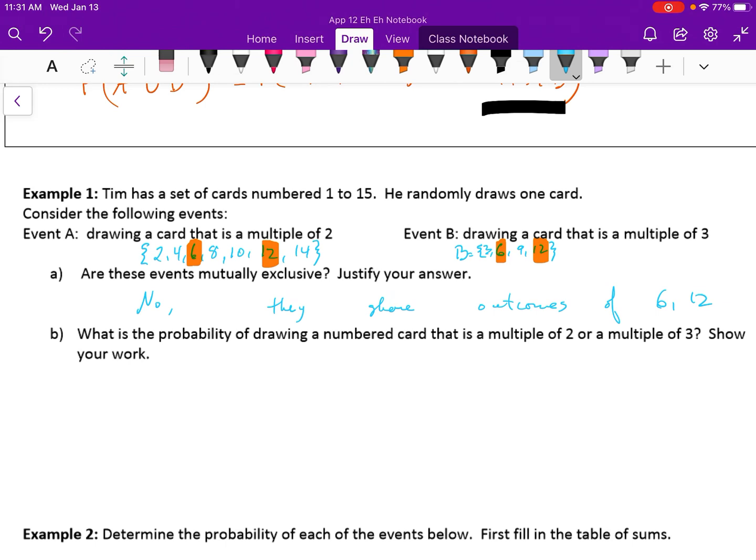Since these are not mutually exclusive, the probability of A or B is going to be the probability that A occurs plus the probability that B occurs, minus the probability of A and B occurring.